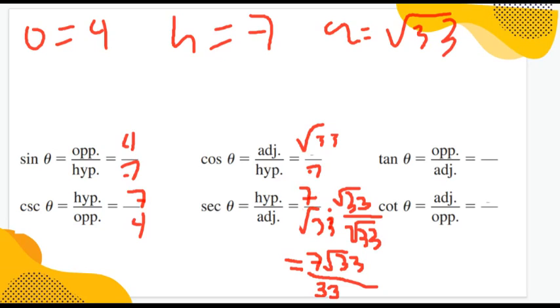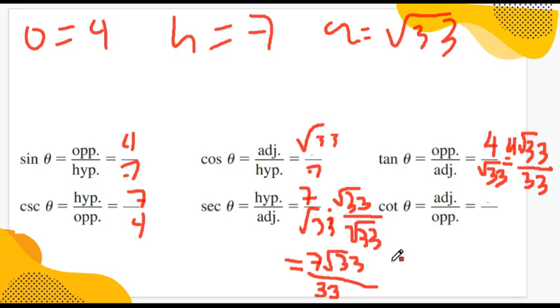Next, let's get tangent theta. Opposite is 4, all over our adjacent, the square root of 33. Again, we need to rationalize. We multiply both our numerator and denominator by the square root of 33. And that is equal to 4 square root of 33 all over 33.